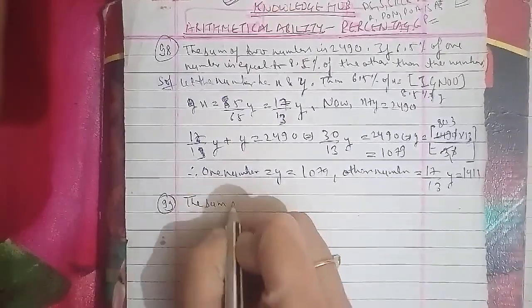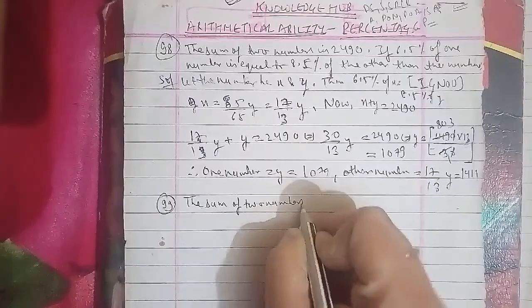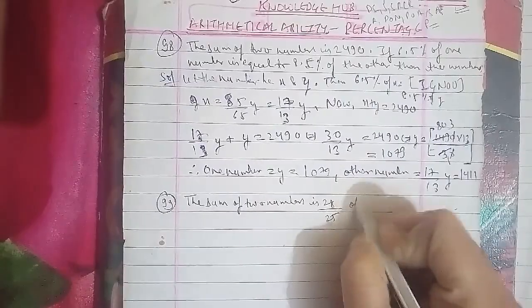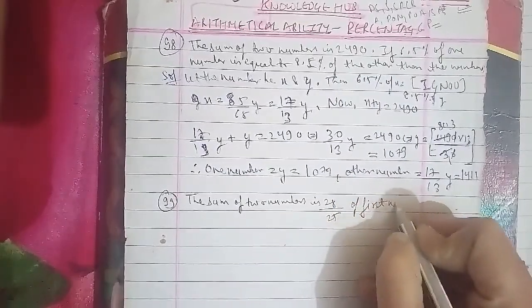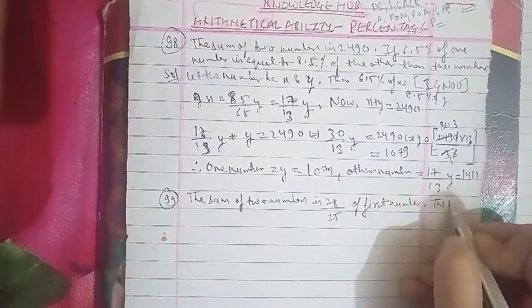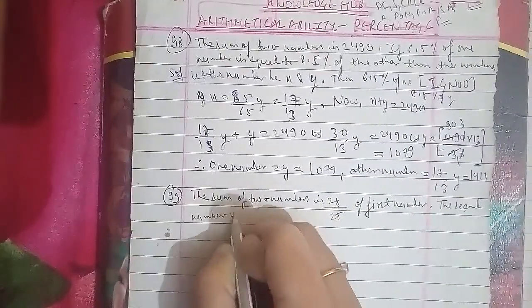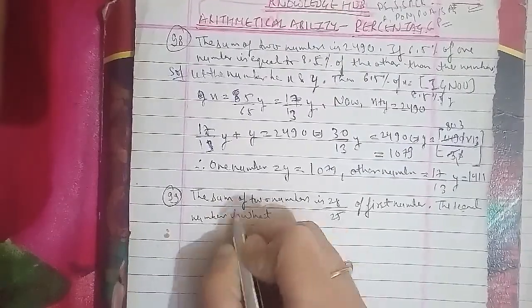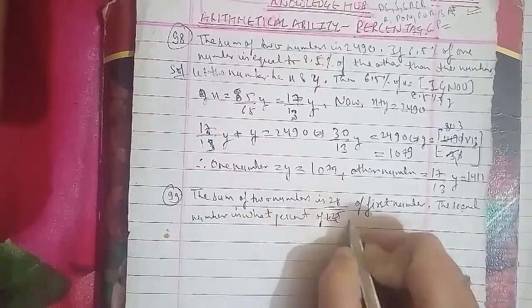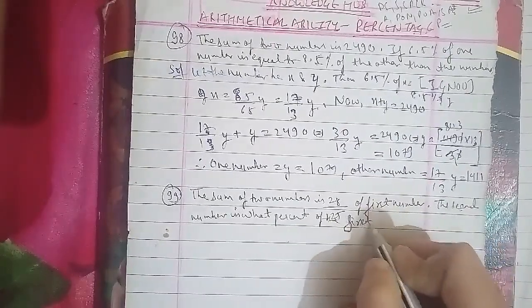The sum of two numbers is 28 upon 25 of the first number. The second number is what percent of the first?